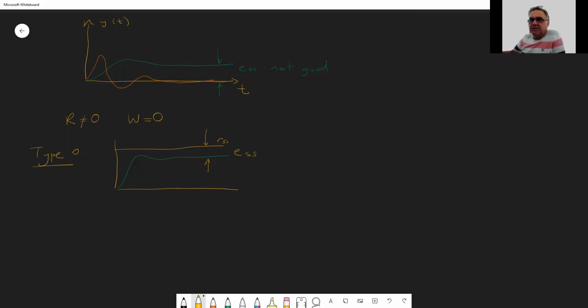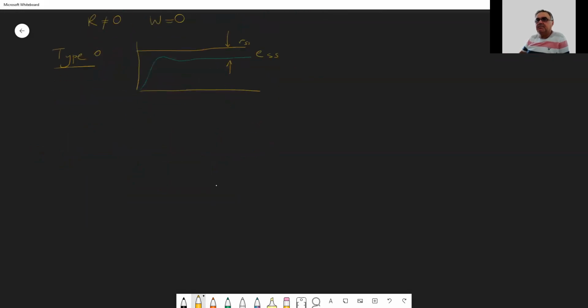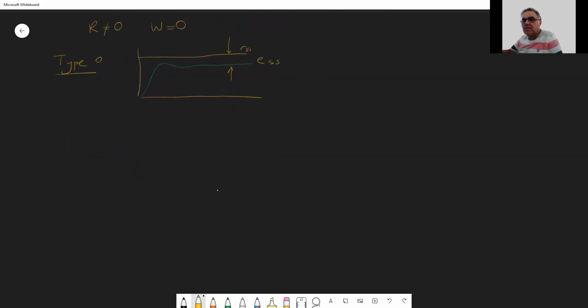Whereas if you have R equals 0, but W is not 0, for this case there is a disturbance on the system, and your system is going to respond like this. The disturbance will cause some steady state error from here.